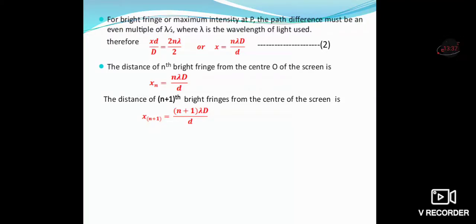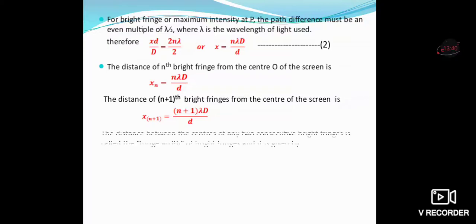Now we want to get the fringe width. Already we know the wavelength is the distance between two consecutive crests or two consecutive troughs.